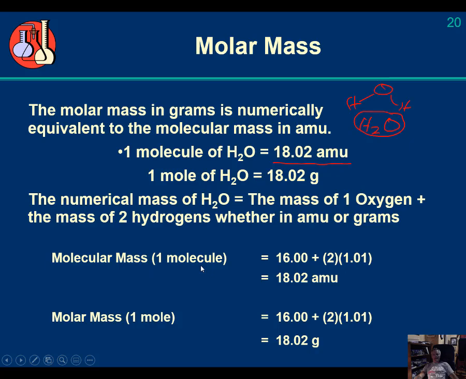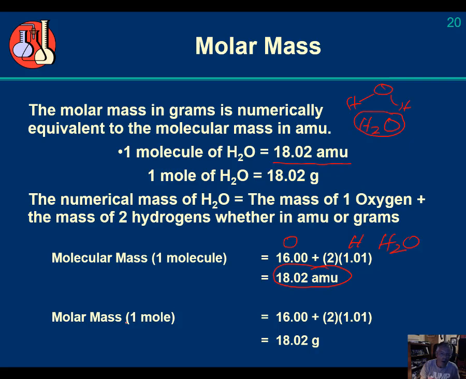The molecular mass, 1 molecule, 18.02 AMU. This is oxygen. Oxygen is 16 AMU per atom. Hydrogen is 1.01 AMU per atom. I have to multiply it by 2 because the formula for water is H2O. And so that gives us 18.02 AMU.